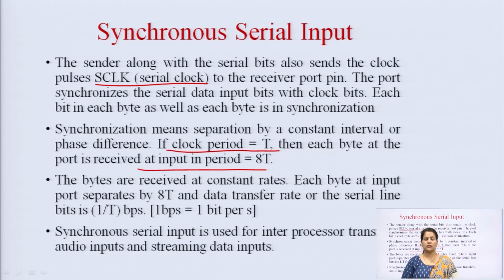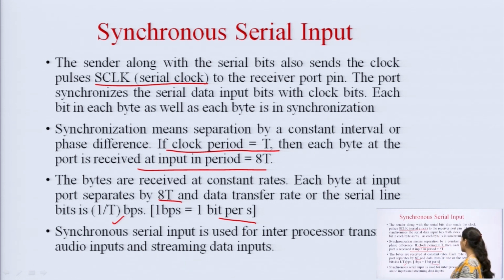So, the bytes are received at constant rates, each byte at the input port separated by 8T, and the data transfer rate on the serial line is 1 by capital T bits per second. So, 1 BPS is 1 bit per second. This is how there is a constant interval between the bytes.